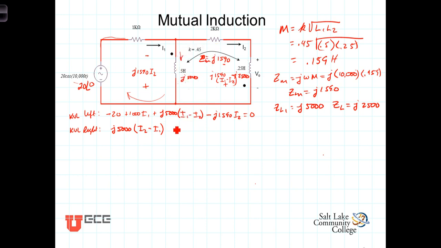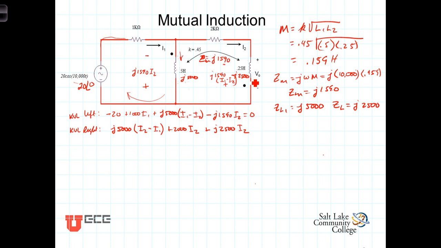Continuing on around there, we've got a plus 2000 I2. Coming on down here, we'll have the self-inductance voltage, which we're going in the direction of I2, so it'll be plus j2500 times I2. That's just I2, which is the only current in this inductor, times the impedance.